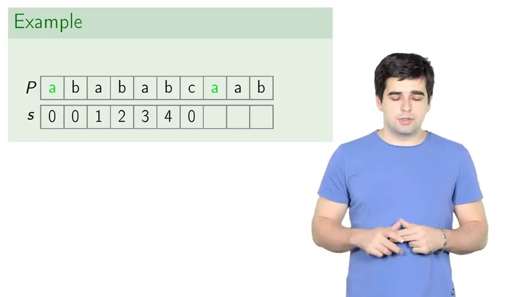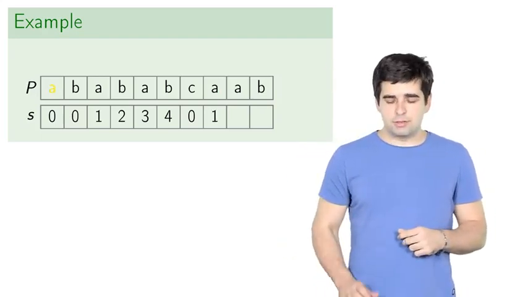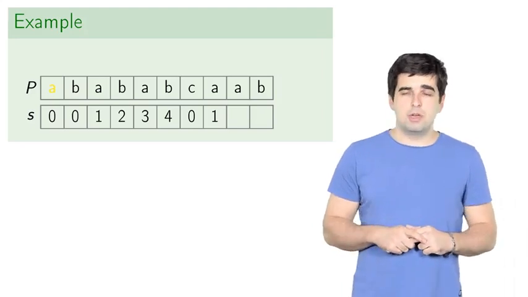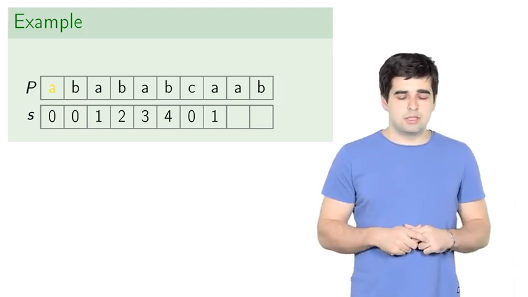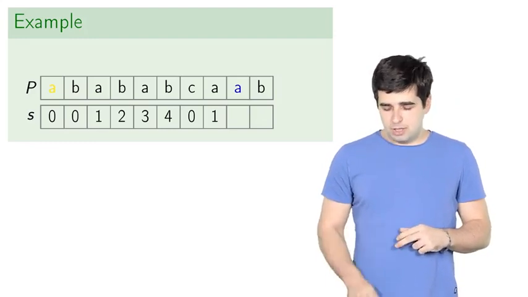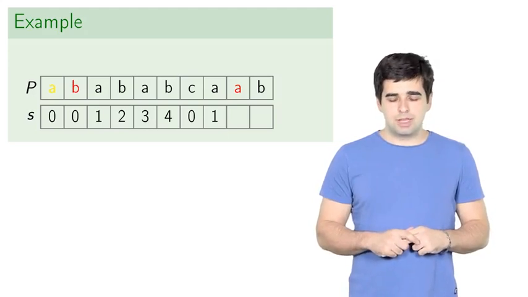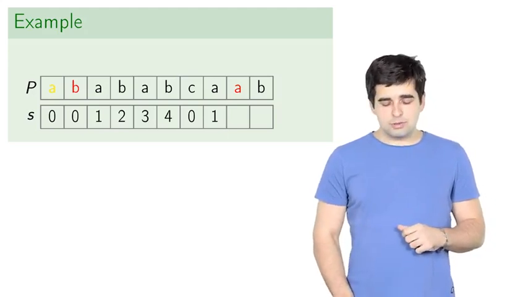But if those characters are different, then everything is a bit more complex. We know that there is a border of the prefix ending in position i that has length exactly s of i plus 1 minus 1. So if we find that border, then the next character after it will be the same as the character in position i plus 1.